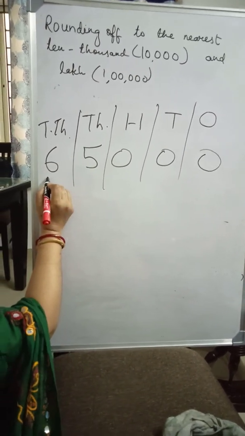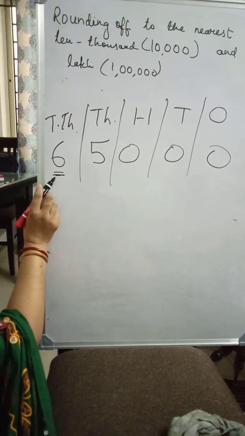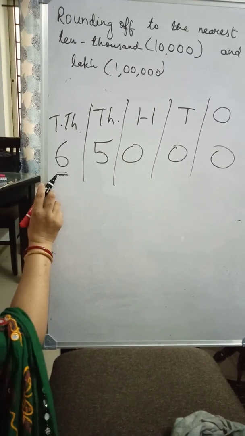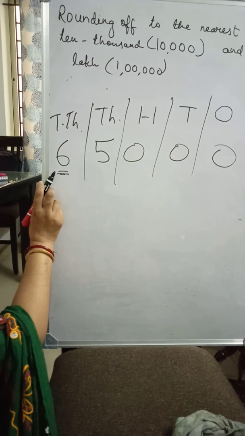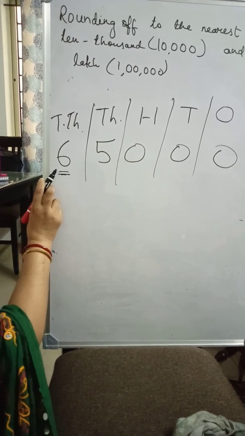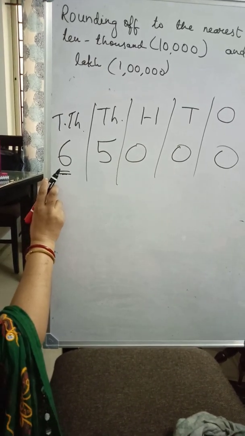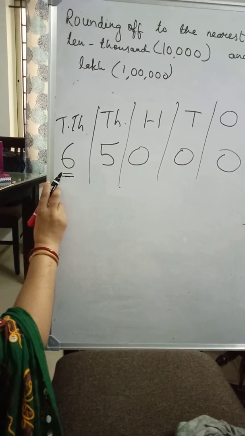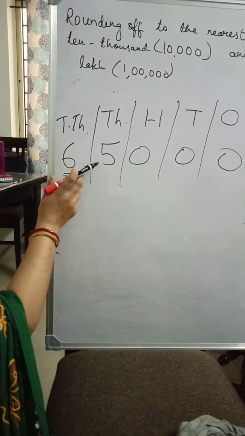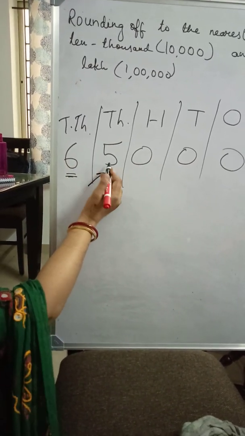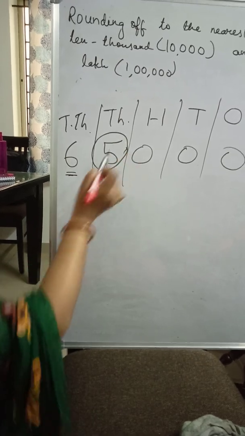Now you look at the digit at the thousand place. You have to round off to the nearest 10,000, right? So, in order to round off this number to the nearest 10,000, look at the digit at the thousand place. It is 5.